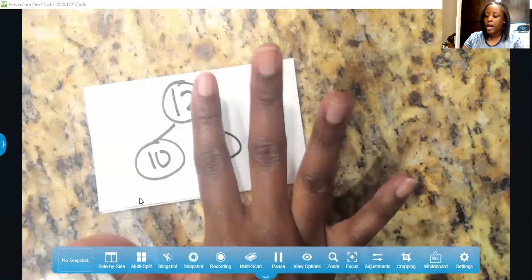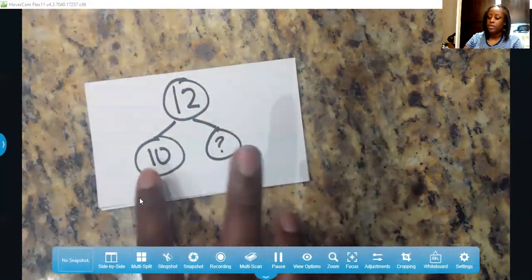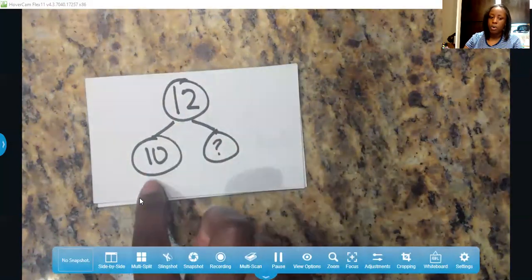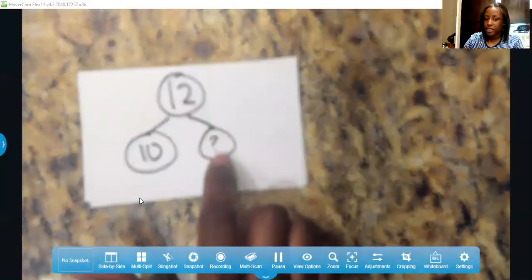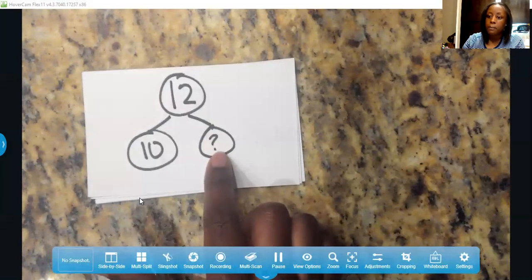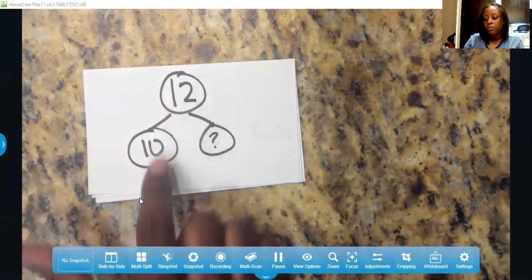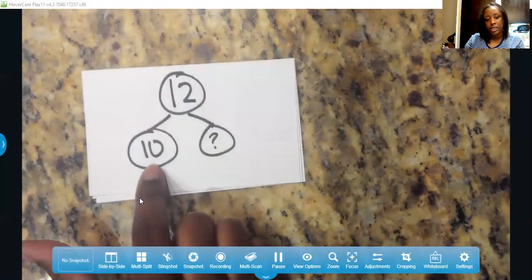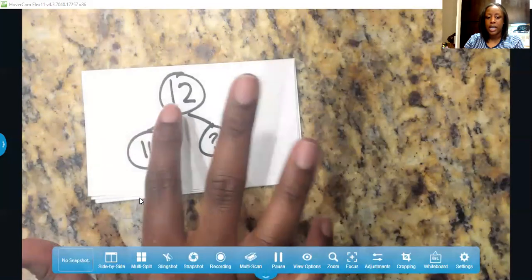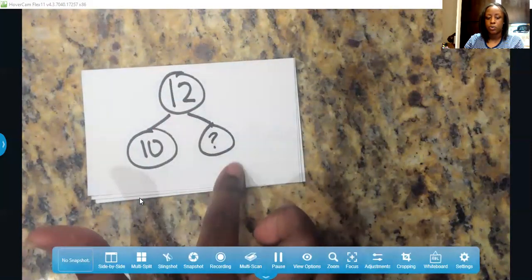So here I have your whole, and then there's part, part. Now this means that there is a missing part. Your job is to think about what part would go here if our whole is 12 and our first part is 10. That just means I took 10 out of the 12 and then that leaves this one part.